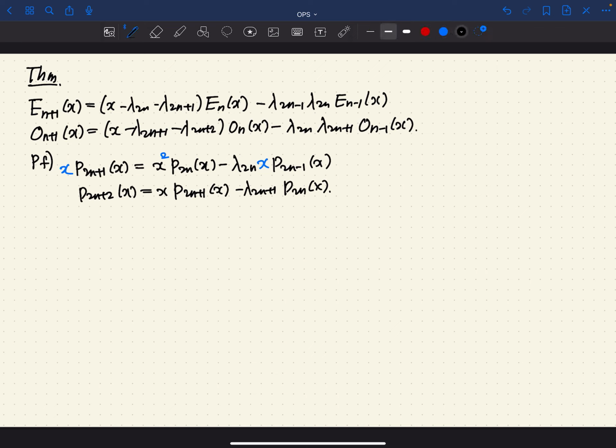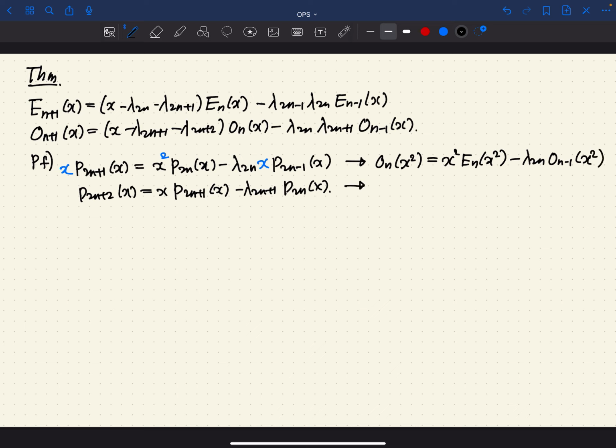Now this is On, right? So this is On, but x squared equals, this part is En of x squared minus lambda 2n, and this part becomes O n minus 1, right?